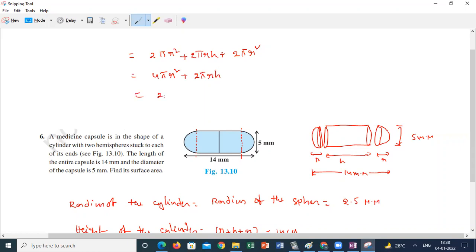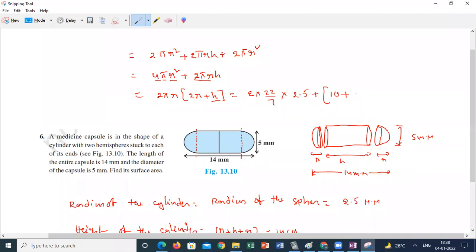If I take 2 pi r common, I get 2 pi r times (2r plus h). So this will be 2 into 22 by 7 into the radius 2.5, times 2r plus h.